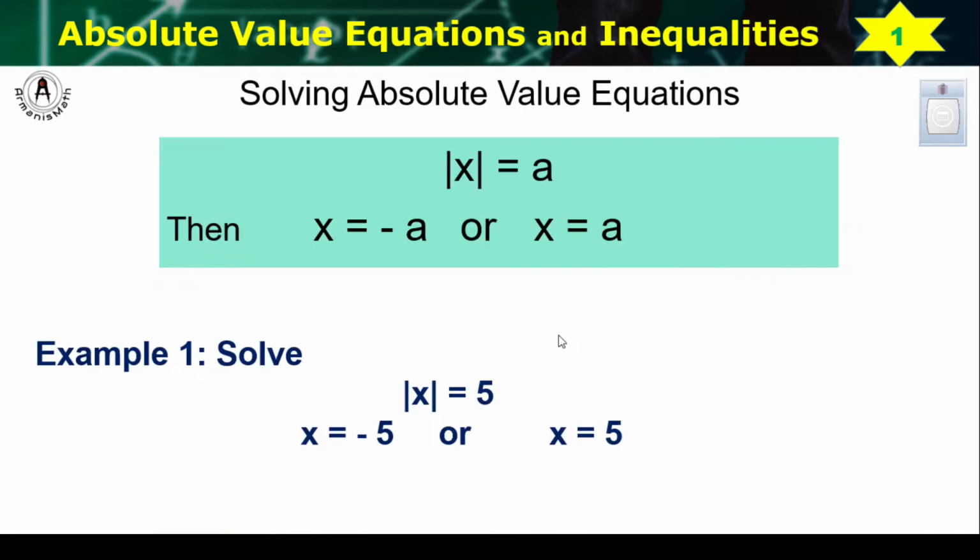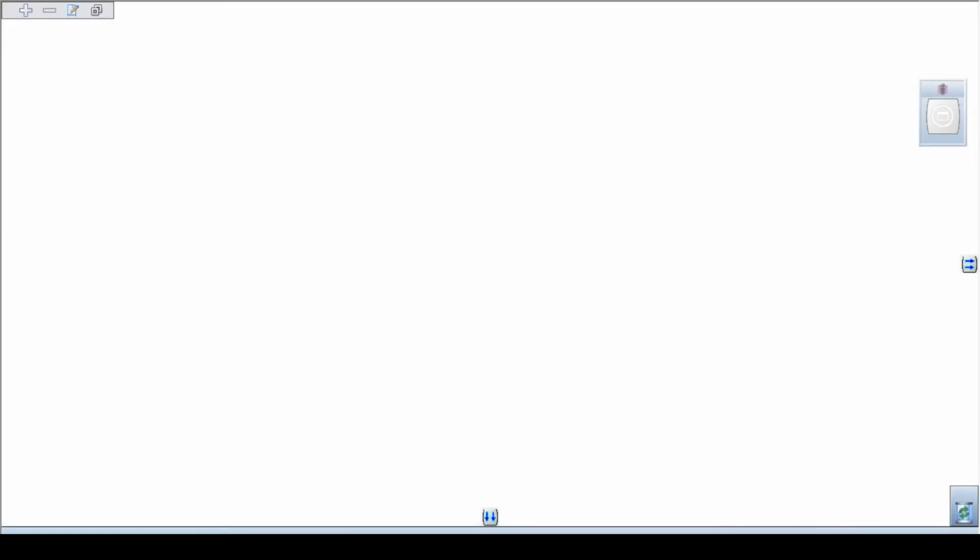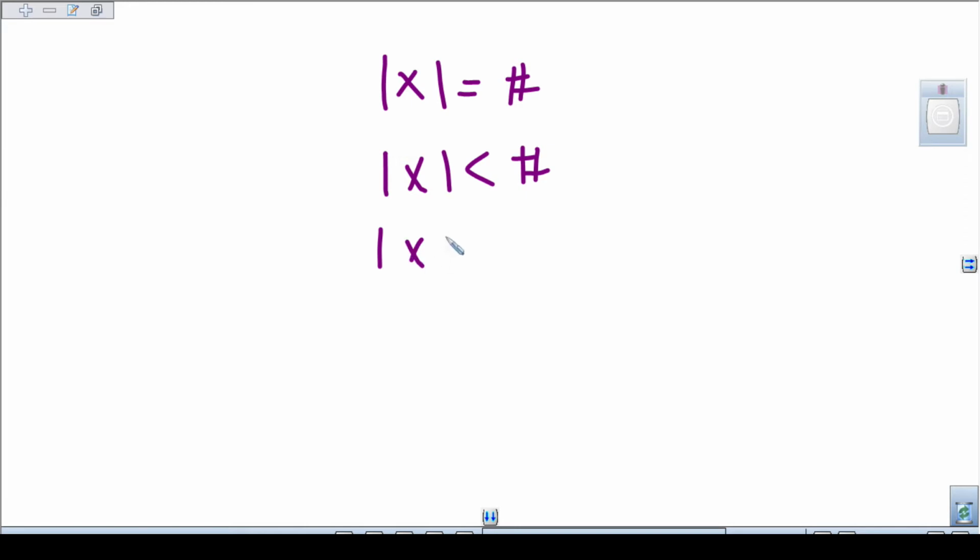So I'm going to start with the big picture before I actually launch the lesson. Today we're going to talk about the absolute value in different formats. The absolute value equals a number, the absolute value is less than a number, and the absolute value is greater than a number.